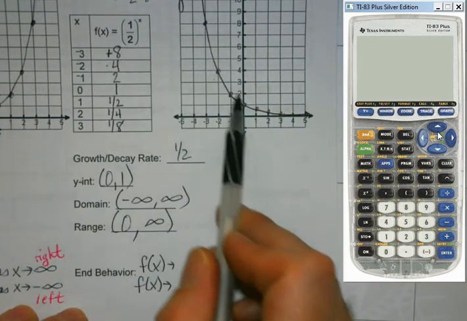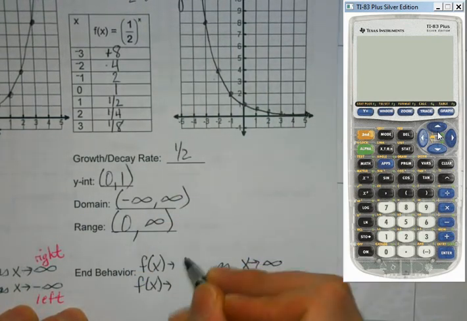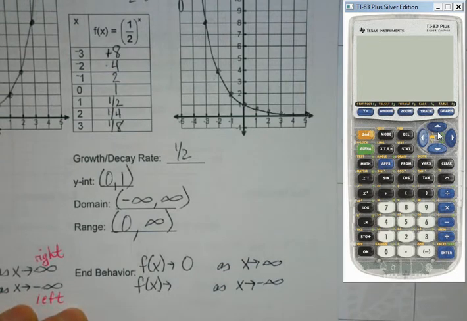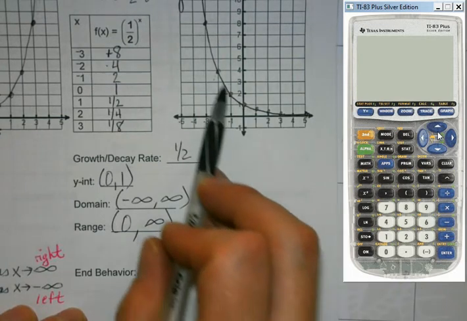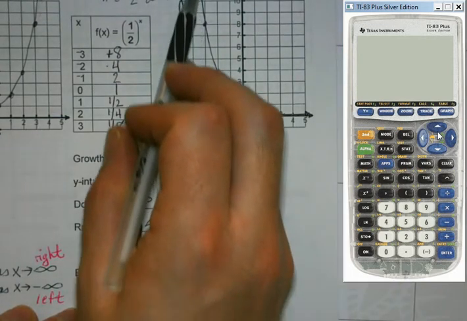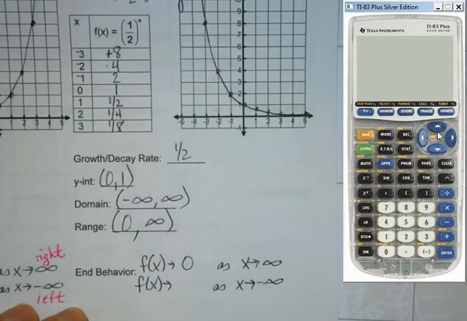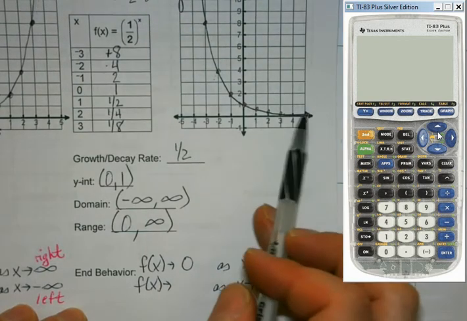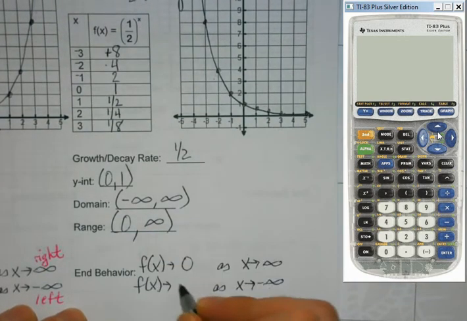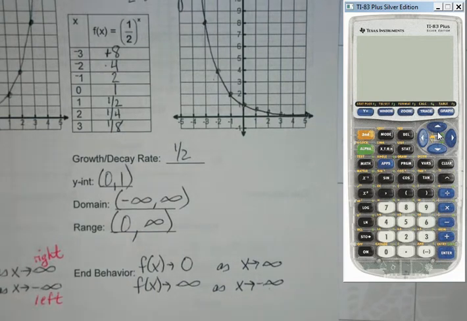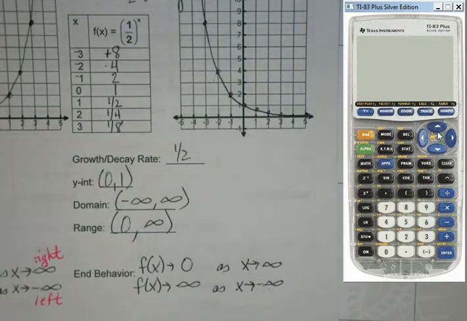Okay, so as my graph keeps going to the right, y is approaching 0. What happens as my graph is heading to the left? What happens to y? It goes up towards positive infinity. So basically on this one, my end behavior is just flipped.